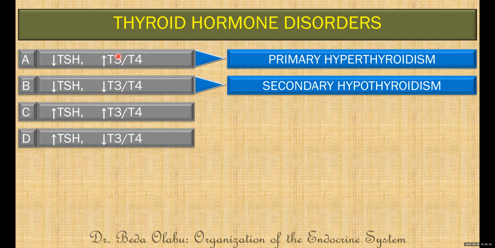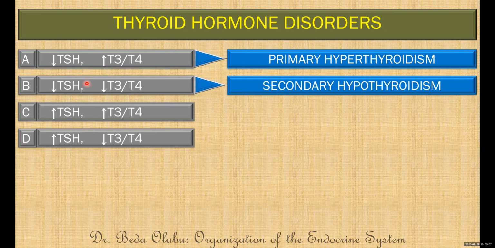If you look at the first one, we have elevated levels of T3 and T4 independent of stimulation of TSH. So that becomes primary hyperthyroidism.